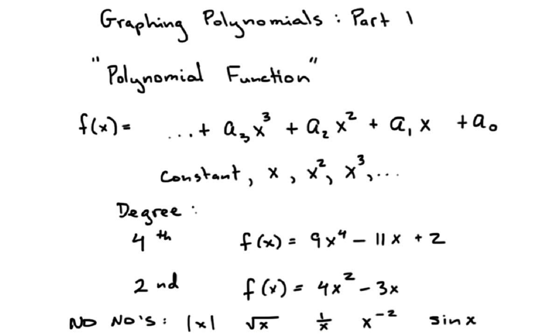What I'm going to do now is give you an overview of what the graphs of these polynomials look like. So I'm going to clear off the screen, and we're going to start with your most basic polynomial, something like y equals x. If you recognize it, oh, it's linear, right?